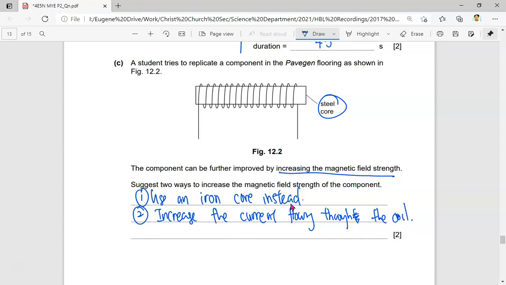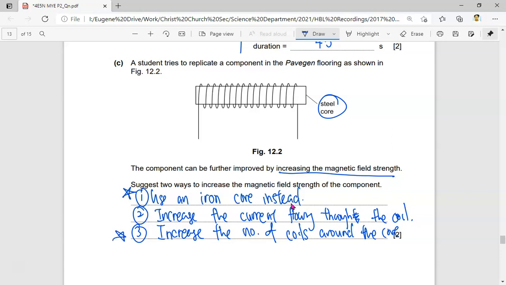Now the third thing I can do to increase the magnetic field strength is to increase the number of coils around the core, because increasing the number of coils also increases the magnetic field strength. So these are the three. You can use any two. My suggestion is go for the first one and the third one.